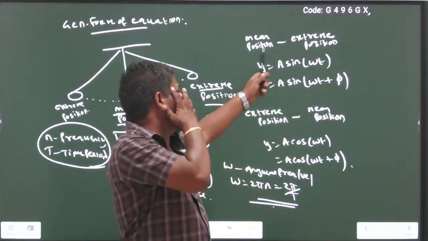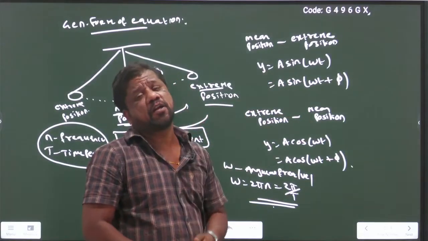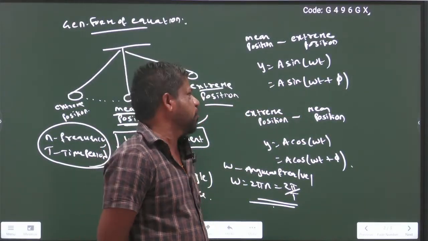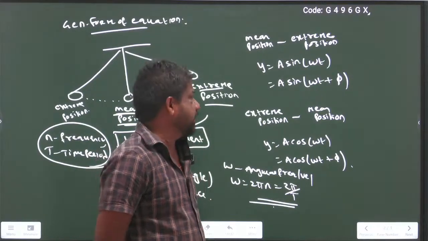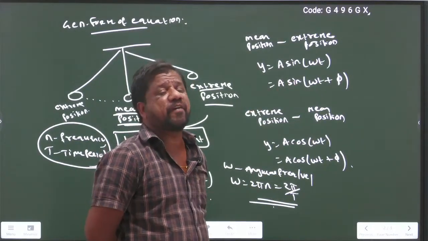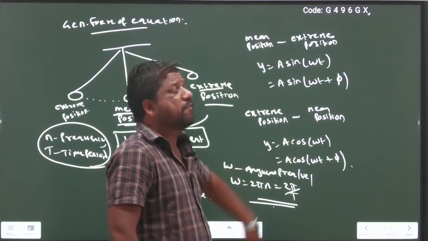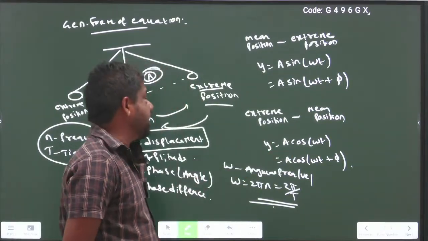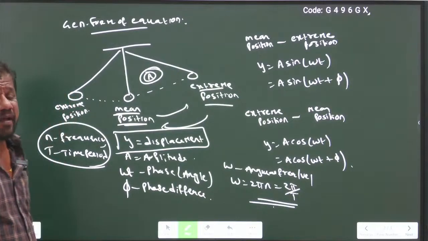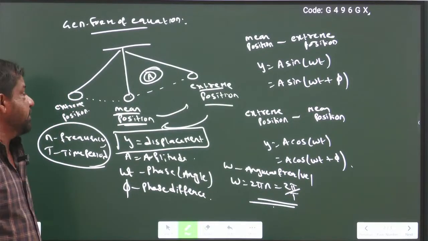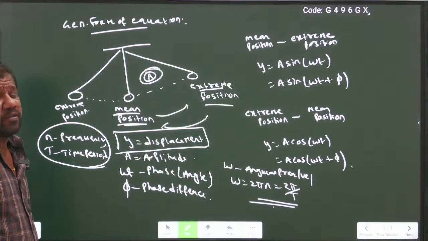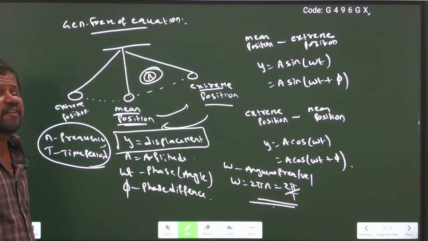So if it is moving from mean position to extreme position, the formula is y is equal to A sin omega t, or A sin omega t plus phi. When there is an extra phase difference, or when it is moving from extreme to mean, y is equal to A cos omega t, otherwise A cos omega t plus phi.